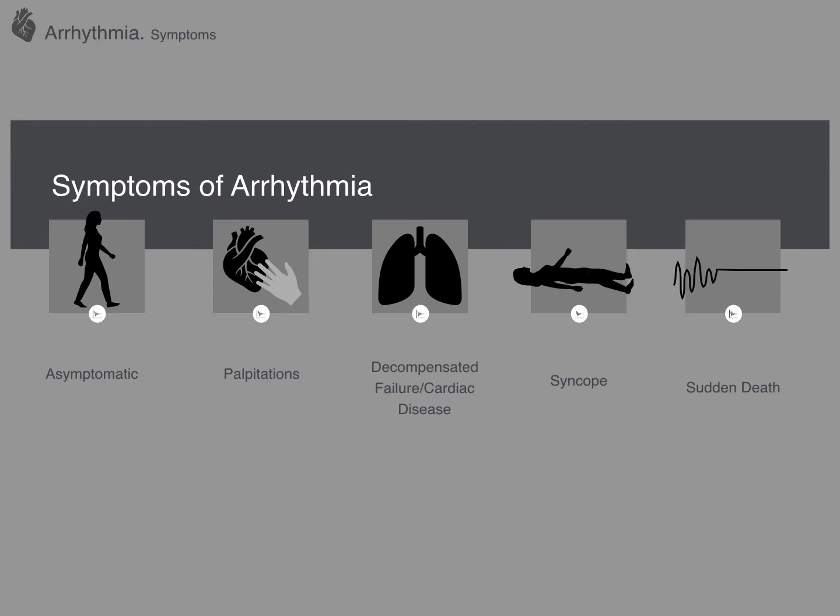There are patients that present decompensated, so in cardiac failure or otherwise unwell. There is presentation with syncope or sudden collapse. And then, of course, there are the unfortunate people whose first presentation is with a sudden cardiac arrest.